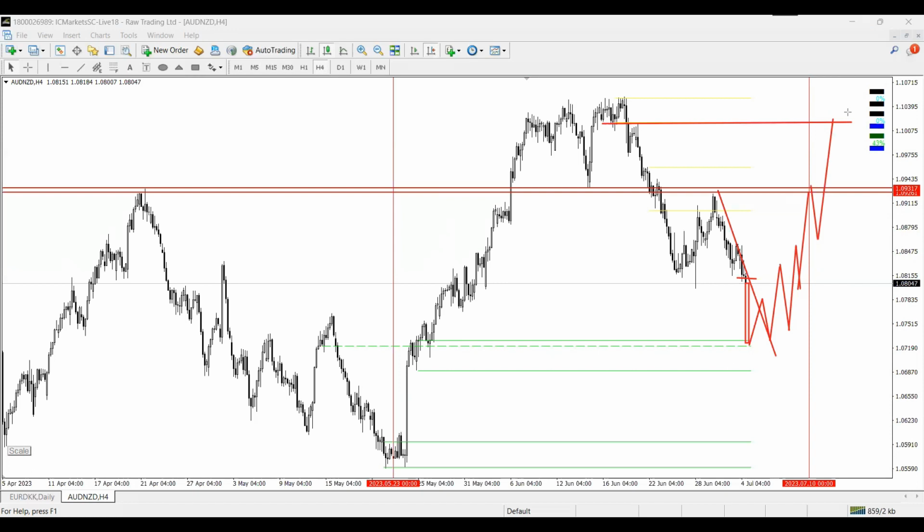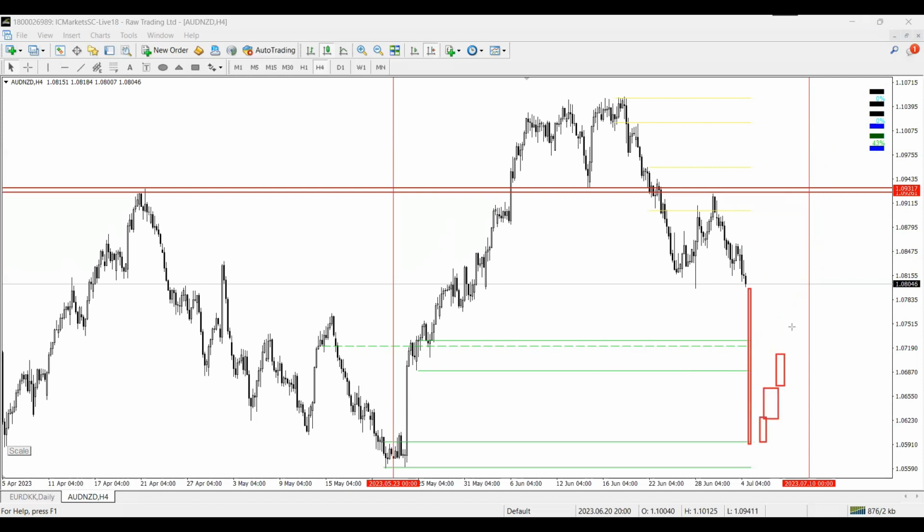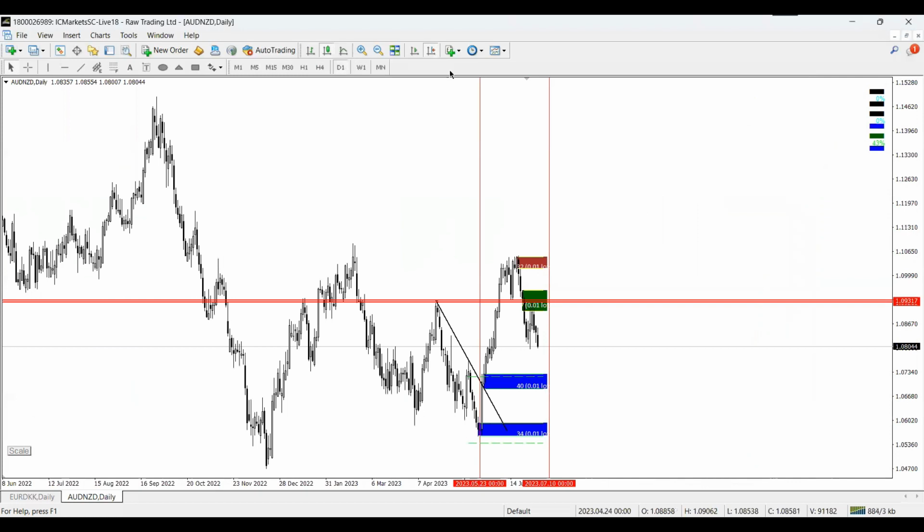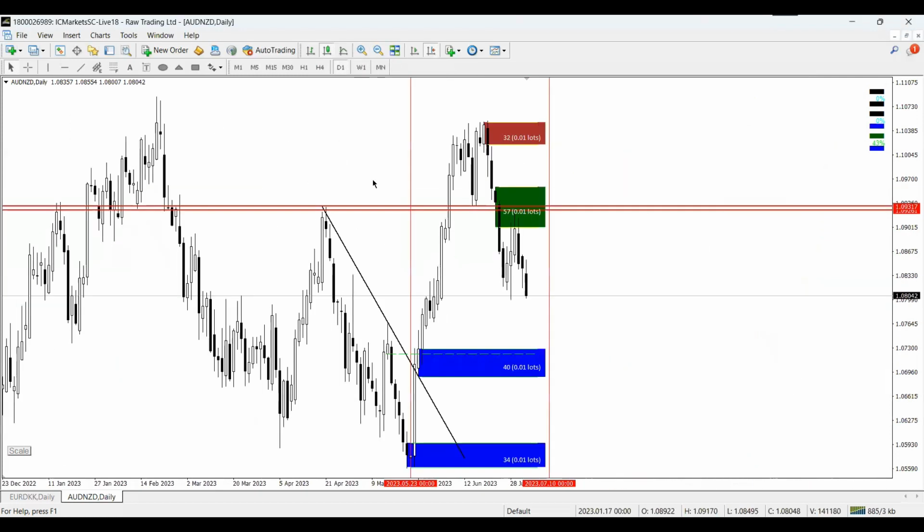But if not, we'll prefer the bottom level, this level. After that, when price tests that area, we'll use it for a longer term trade. I mean, some day trades, or you can say a swing trade. So it all depends on you, how you look at the charts, and your knowledge of supply and demand rules.